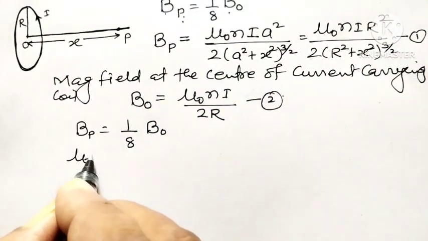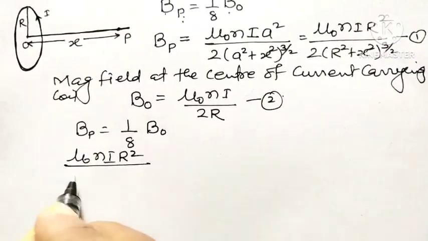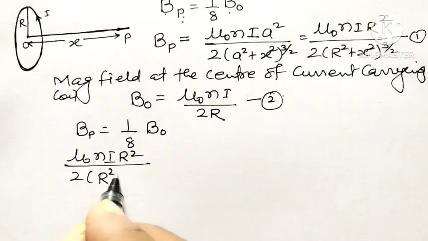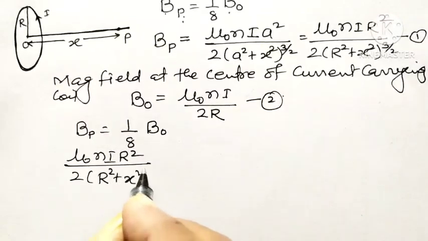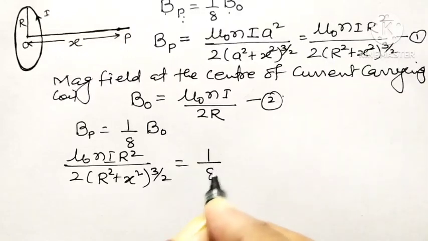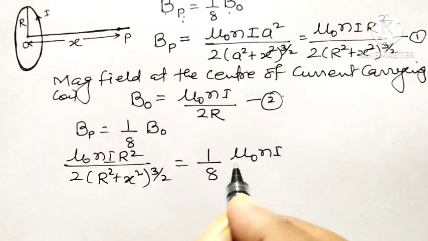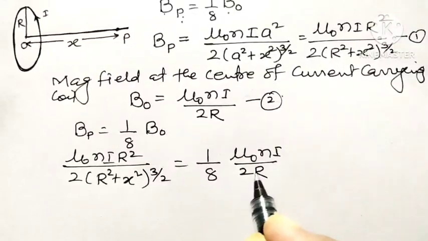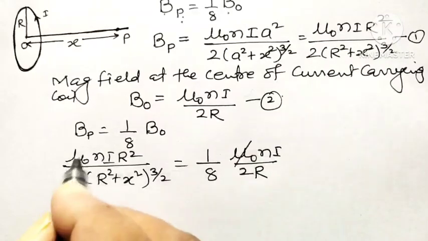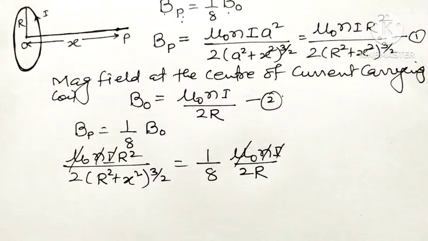So we have mu 0 n i into r square divided by 2 times (r square plus x square) raised to 3 by 2 is equal to 1 by 8 into mu 0 n i divided by 2r. Now see what can be cancelled. Mu 0, n and i on both sides get cancelled.